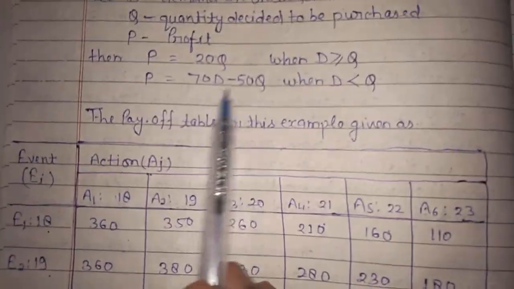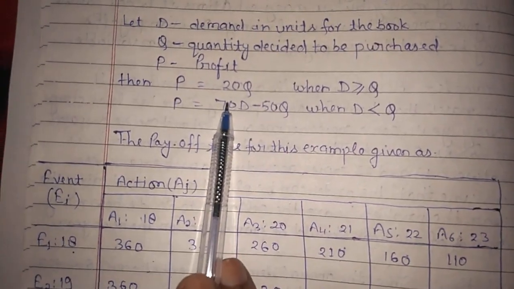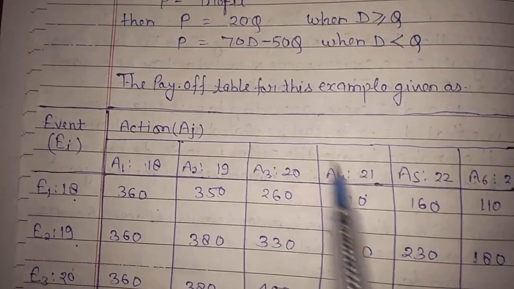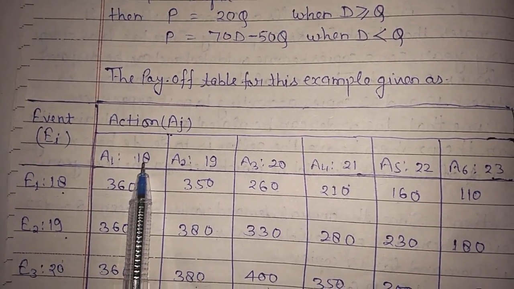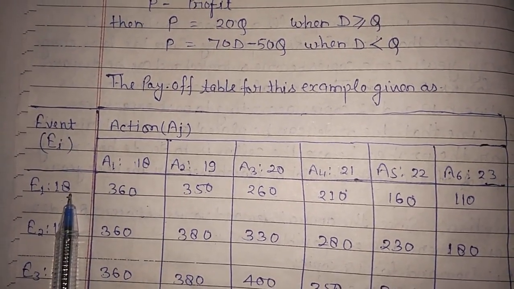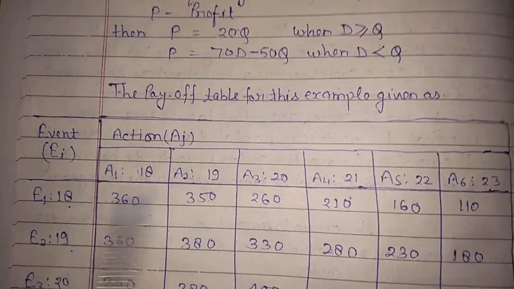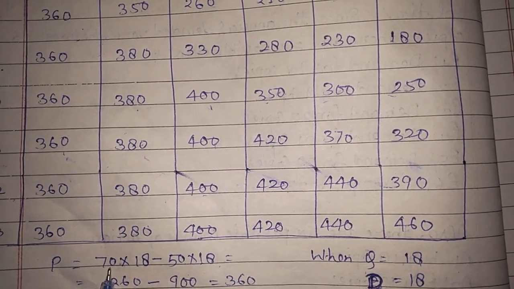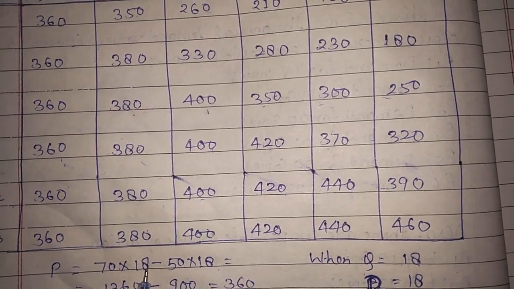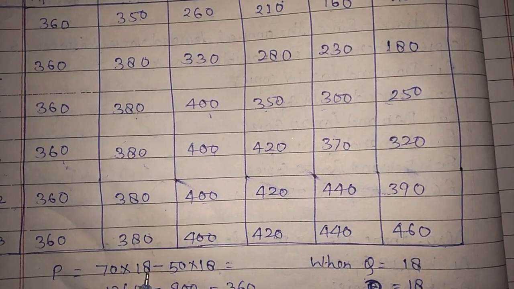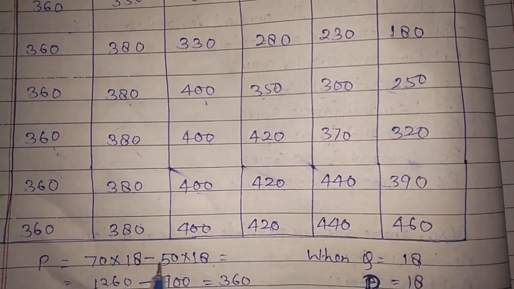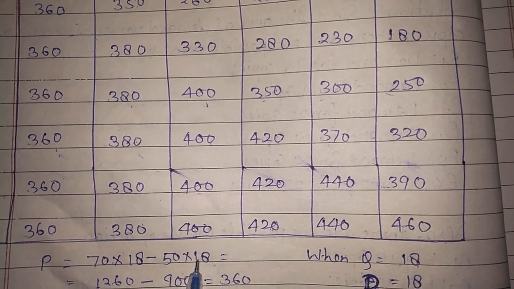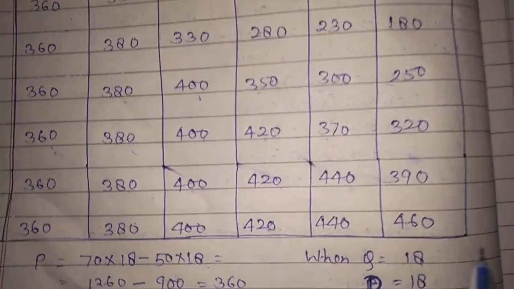Now, by this equation, there are 6 courses of action and 6 events. When he decided to purchase 18 copies and demand is also 18 copies, what will his profit be?